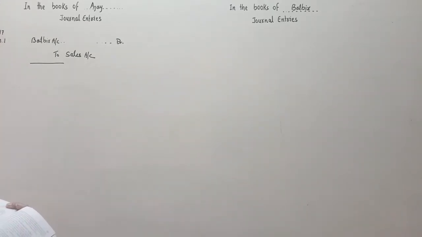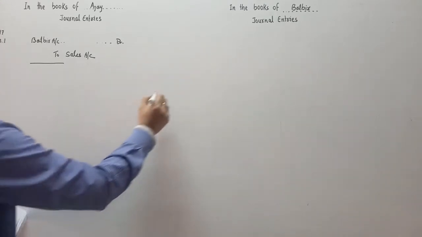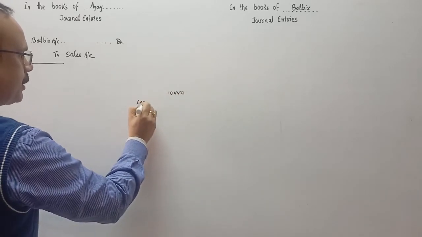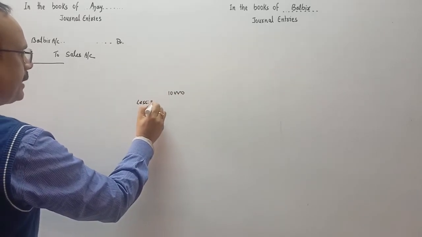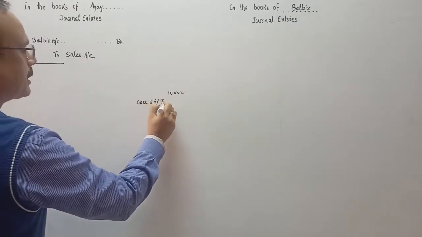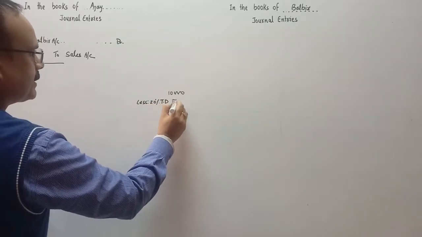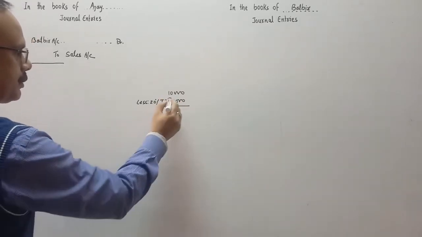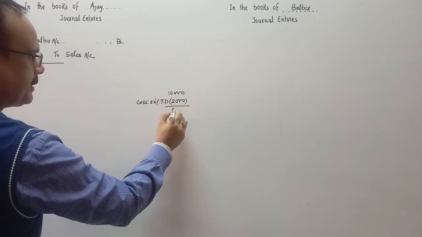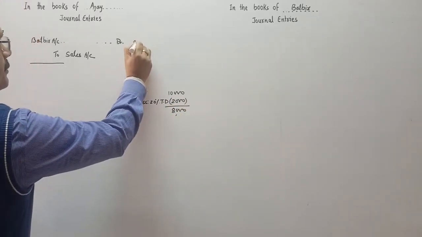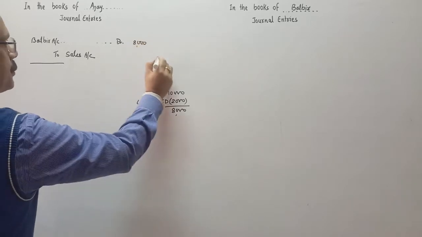at 20% trade discount. So goods is sold for rupees 10,000 at 20% trade discount. 20% of 10,000 is how much? 2,000. So deduct the 2,000. It means goods is sold for rupees 8,000, so we will do the entry 8,000 over here.